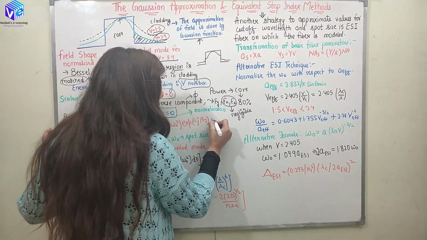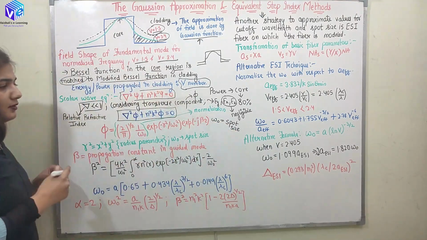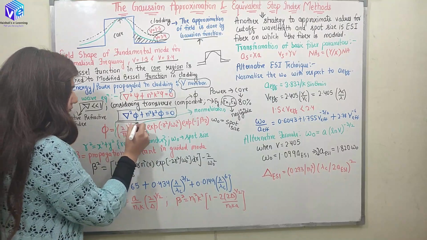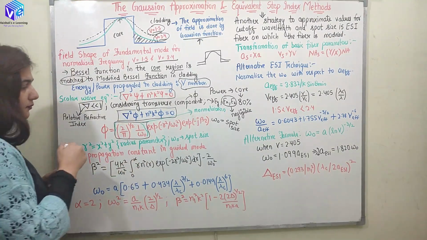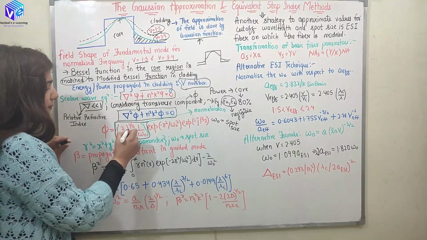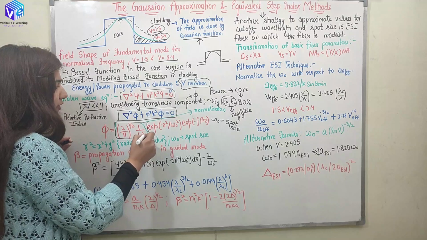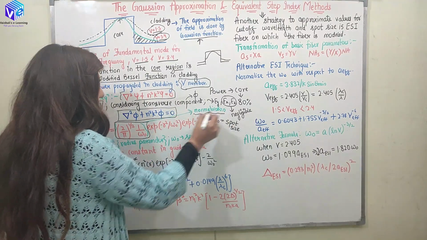What is omega naught? Omega naught is the spot size. So (2/pi)^(1/2) times 1 upon omega naught is the normalization factor that we have.